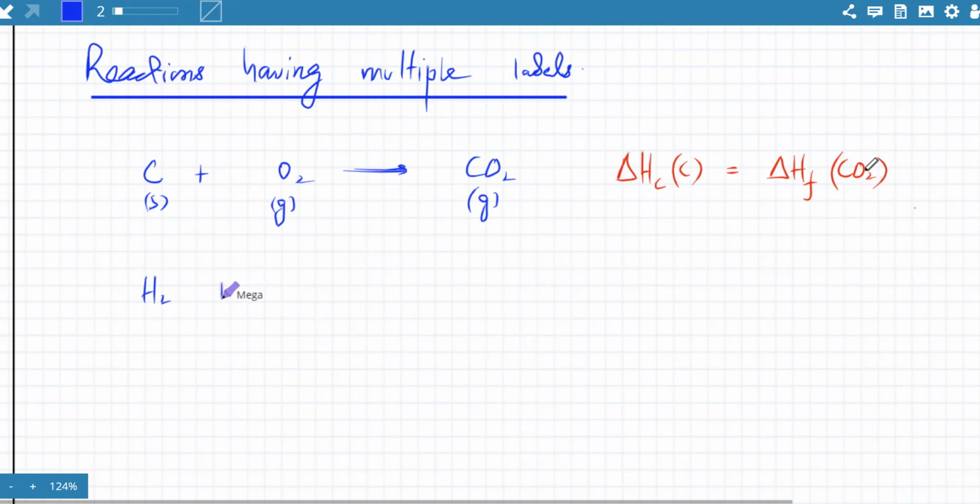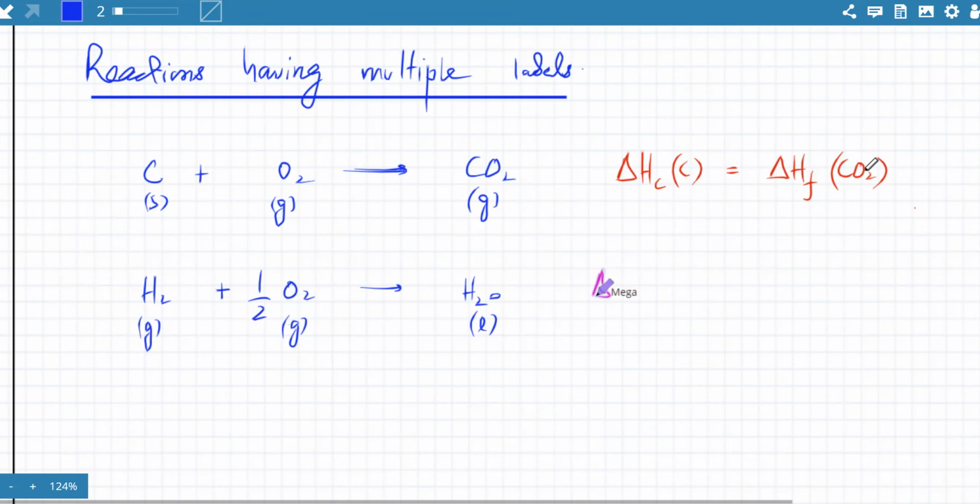Similarly, you have H2 and O2 reacting to form H2O. H2 is not solid, never solid. It's a gas. And H2O over here is a liquid. So this is half O2. Now for this one, again, I can assign the energy change of this reaction multiple labels.